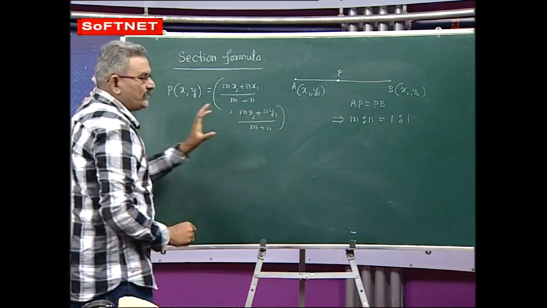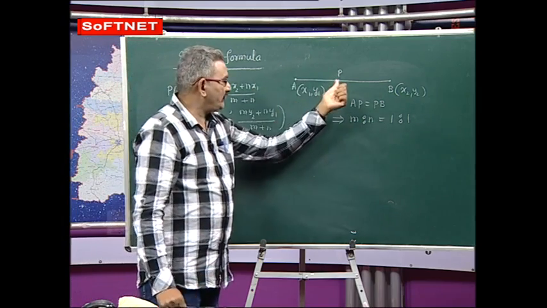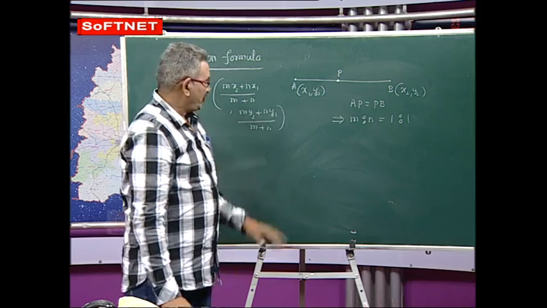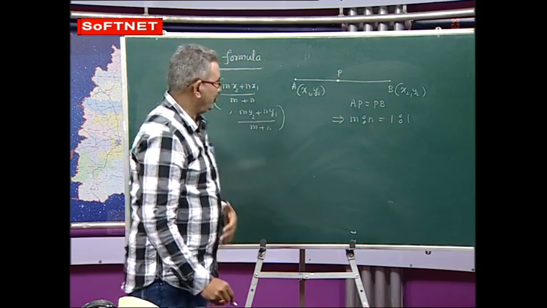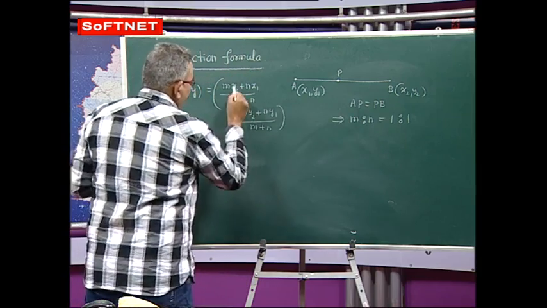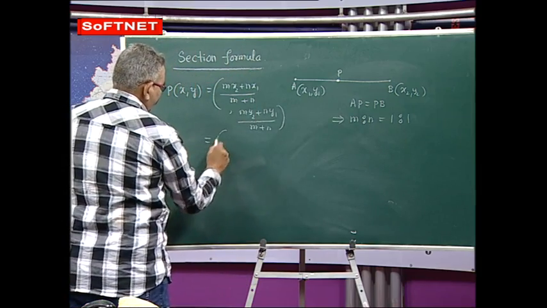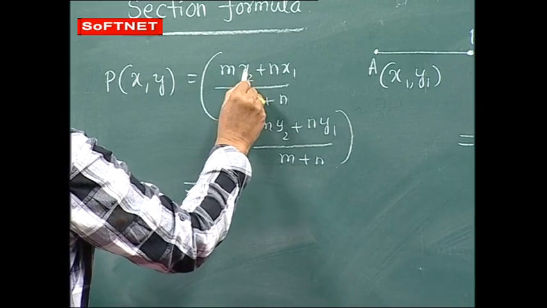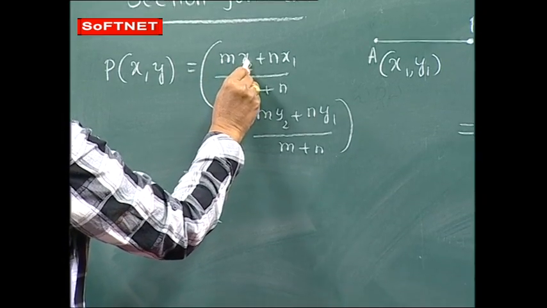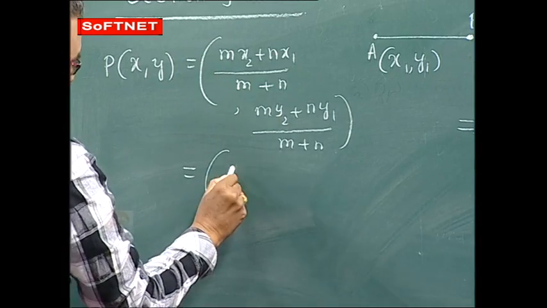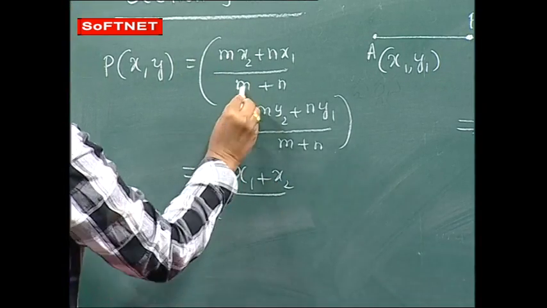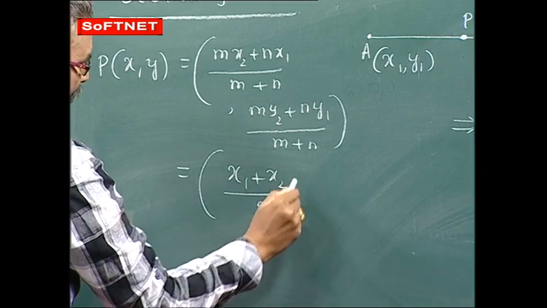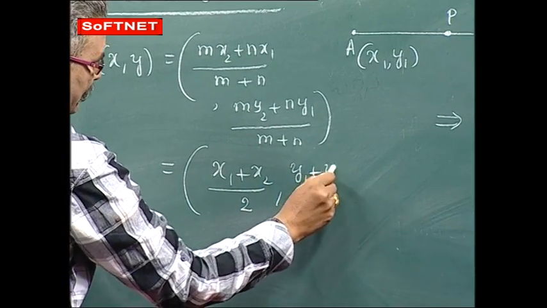So, in order to find out the coordinates of the midpoint, let us replace m is equal to 1 and n is equal to 1. If you substitute, we get 1 into x2, 1 into x1, so x1 plus x2 by 1 plus 1 is 2, and y1 plus y2 by 2.